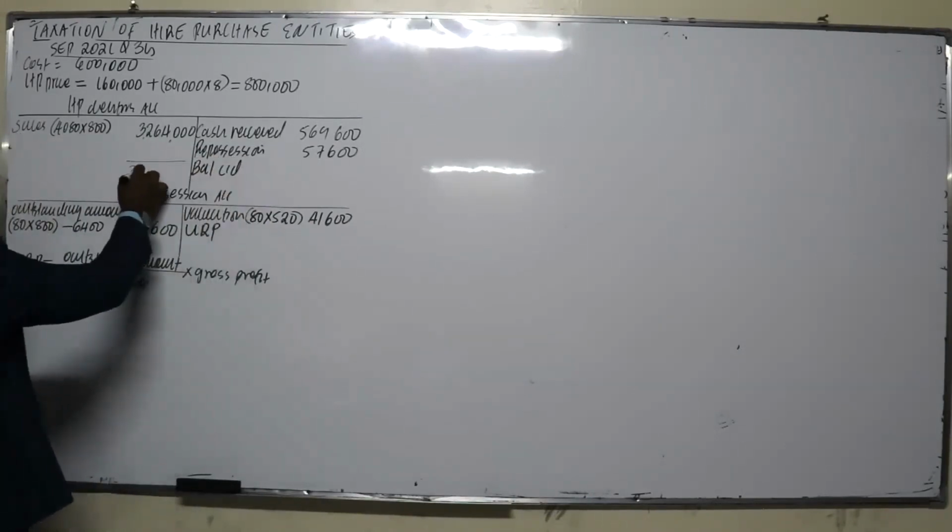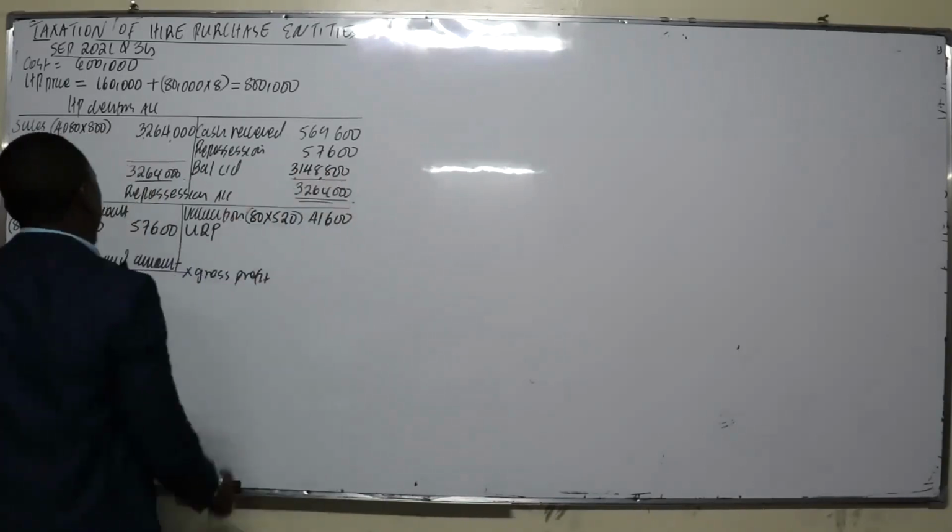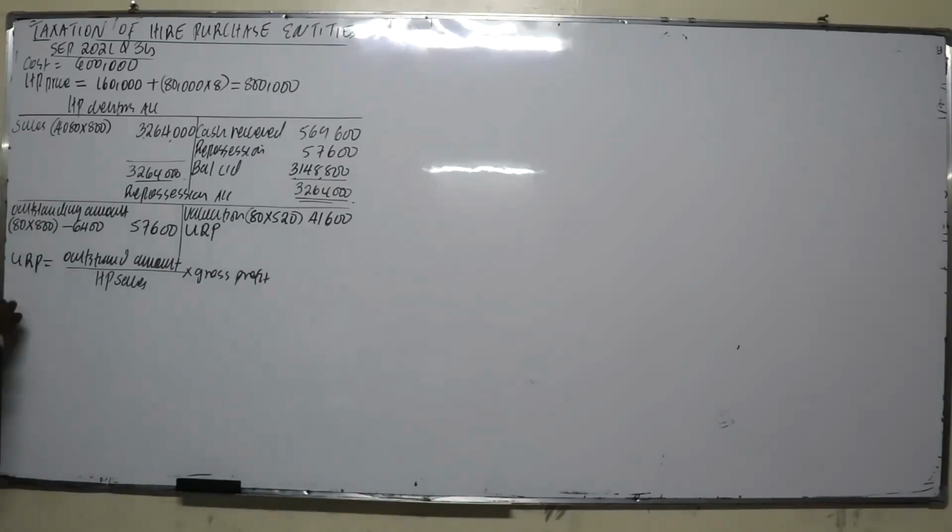So it's that 264. We compute unrealized profit number one for the debtors, as well as unrealized profit on repossession.